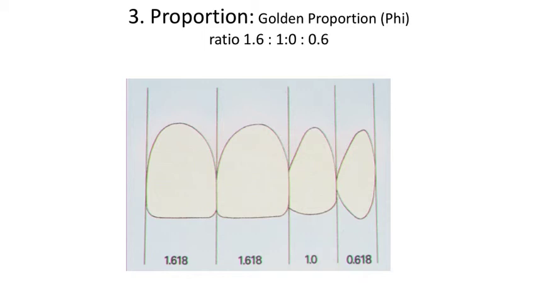So if we look at the smile from the front, the lateral should have a width of 1. The front tooth should have a relative width of 1.6, and the canine, as viewed from the front, should have a width of 0.6.